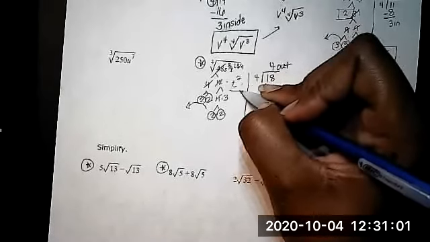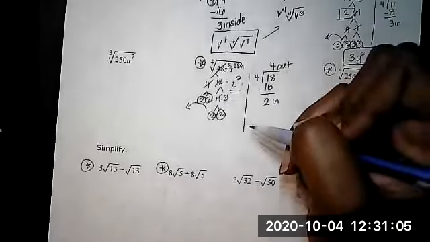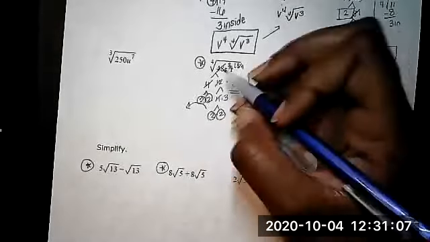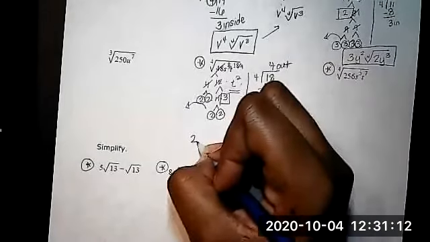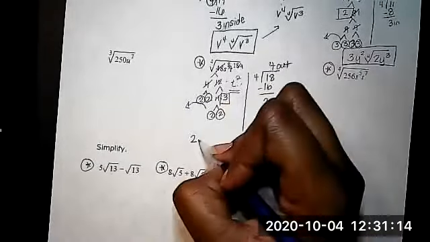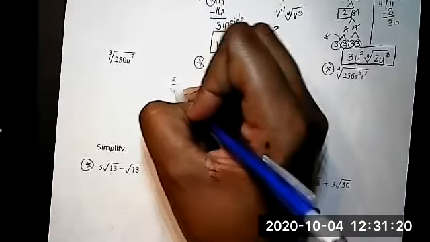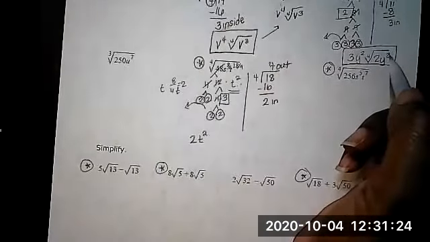So let's put all of our outside numbers together. In this case, again, 2 came out. 3 was left over inside. Okay, so 2 came out because there are 4 2's. T squared, it came out because 8 divided by 4 became 2 for the t's. So it's t squared.